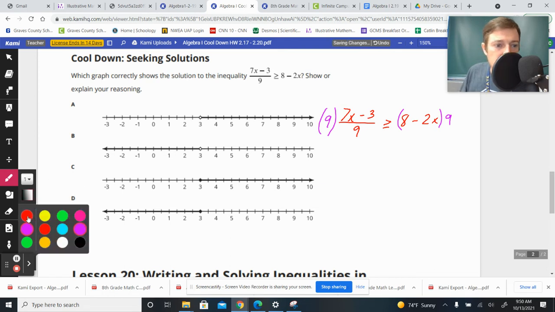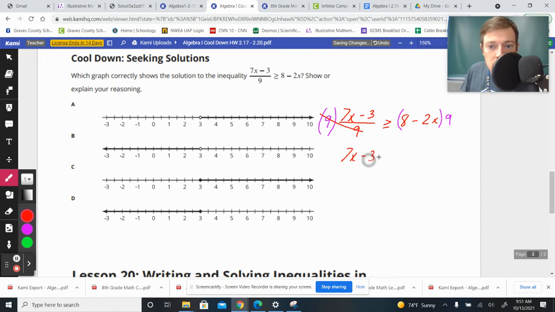And what that does, and some of you missed this, is these 9s are going to cancel out because something that has 9 in the numerator and 9 in the denominator just makes 1. So it leaves you with whatever was in your numerator to start with, which is 7x minus 3. And then over here, you have to distribute this 9 to the 8 and the 2x. So you get 72 minus 18x.